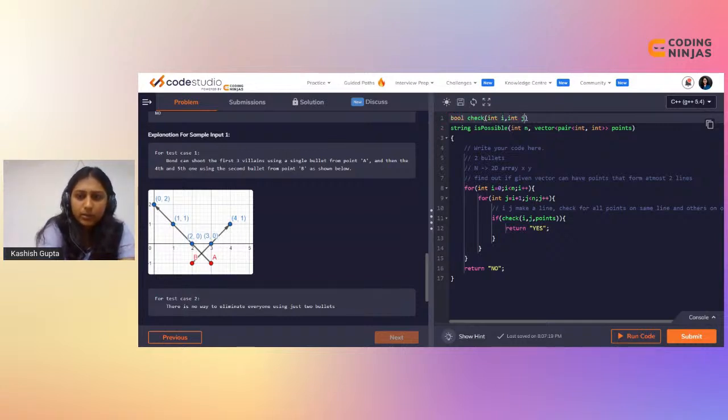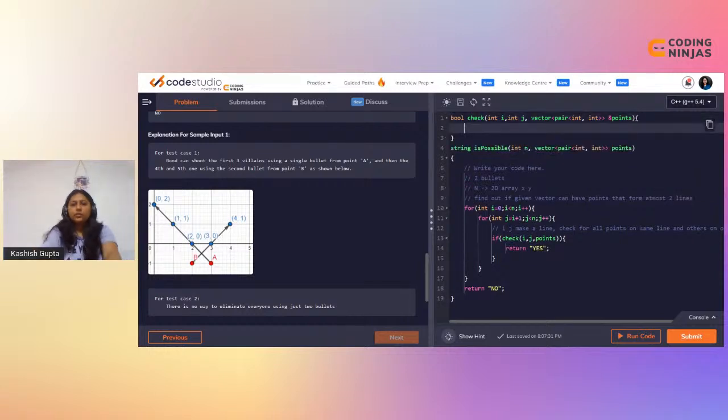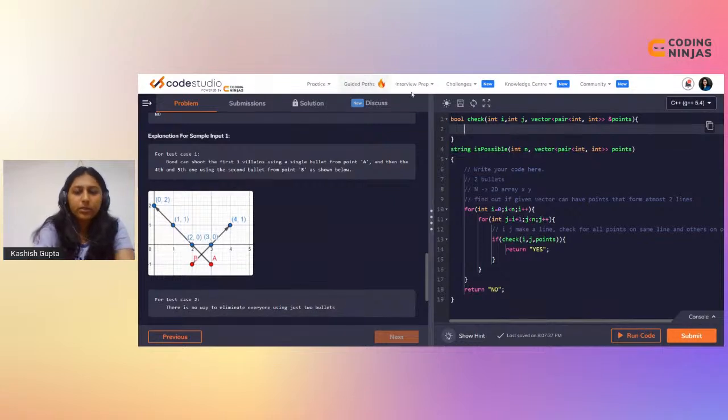int i, int j and points. Passing it by reference or not will not make much difference here, but since it won't change at all, I am passing it as reference.